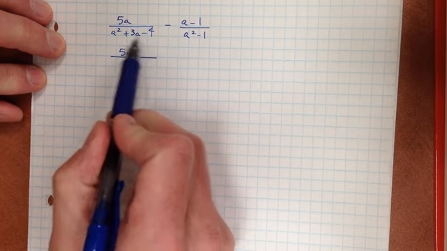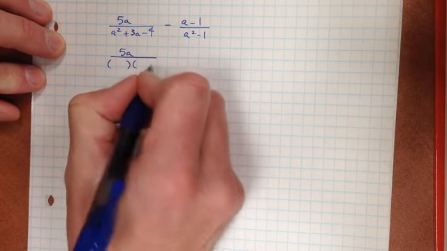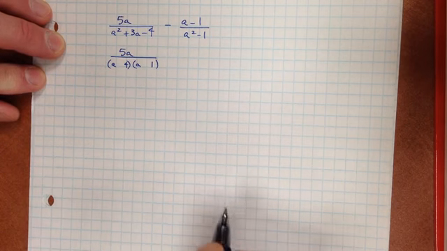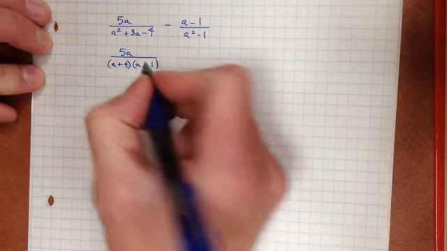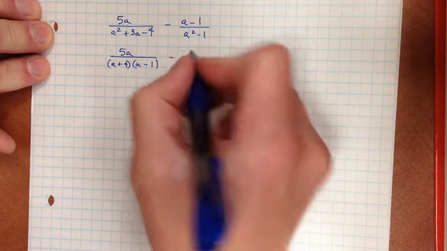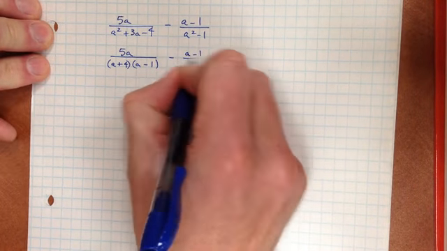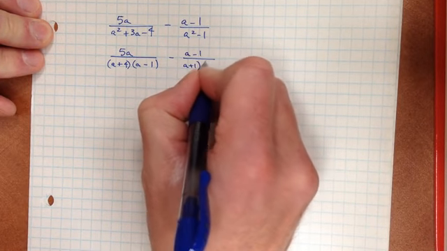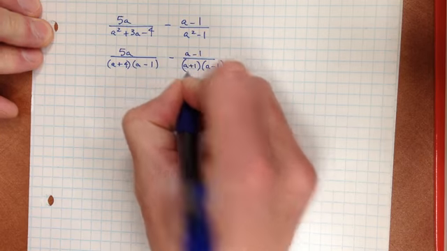The factors of 4 that give me 3: 4 and 1, ignore positives, and 1 negative. That indeed is my factoring. You can check it if you will. A squared minus 1, factor this, difference of squares, so a plus 1, a minus 1.